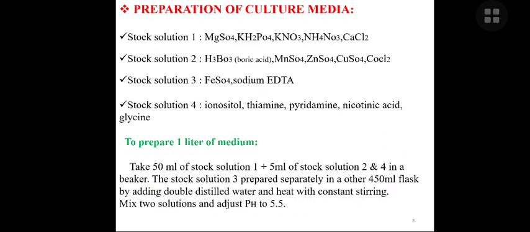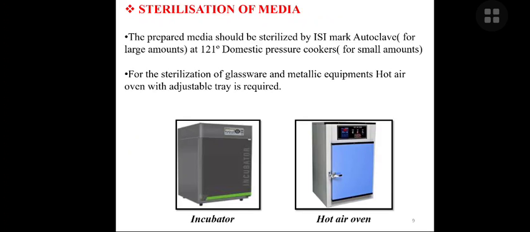And this is how we prepare the culture media: preparing stock solution 1, consisting of magnesium sulfate, potassium dihydrogen orthophosphate, potassium nitrate, etc. Then stock solution 2 includes these types of chemicals, and stock solution 3 has ferrous sulfate, sodium EDTA, etc. So this is just an idea about how we prepare the media.